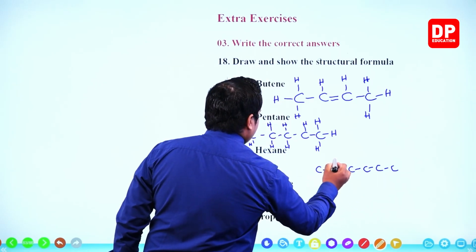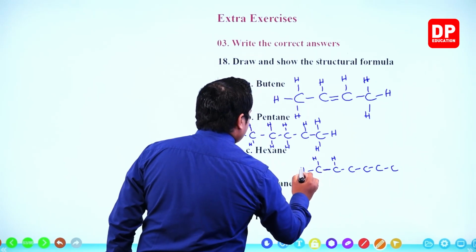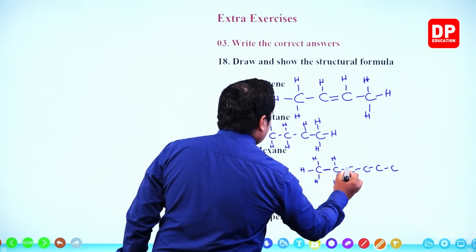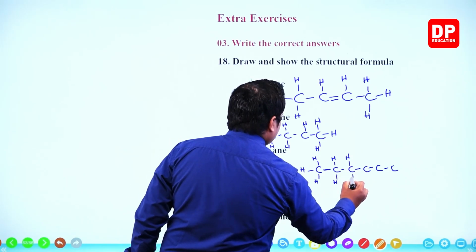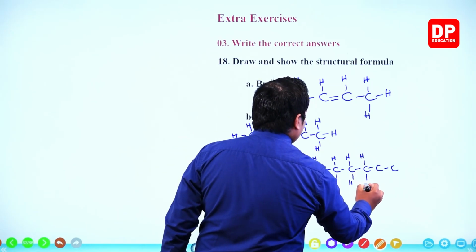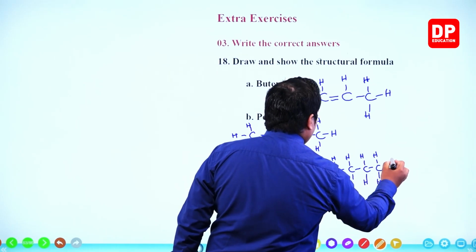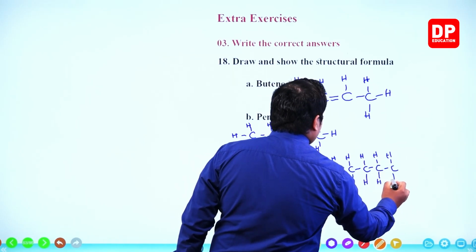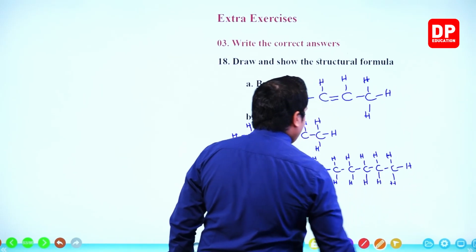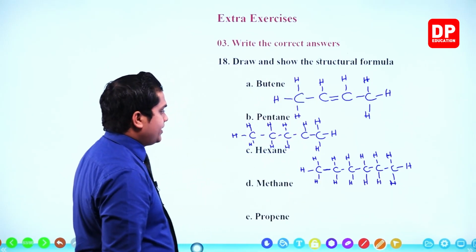Then, my dear children, the completion of bonds. In order to have 4 bonds on each and every carbon atom, complete the valence bonds by using hydrogen atoms.